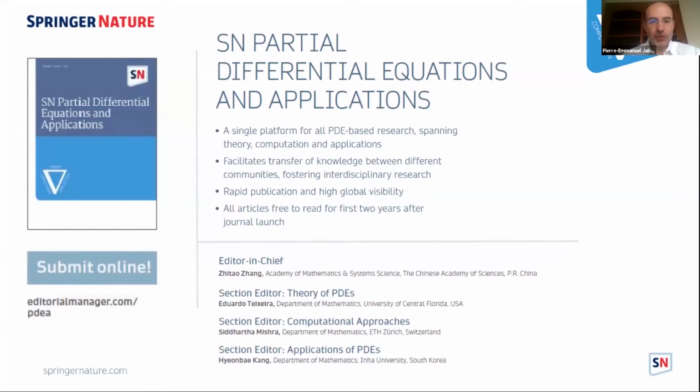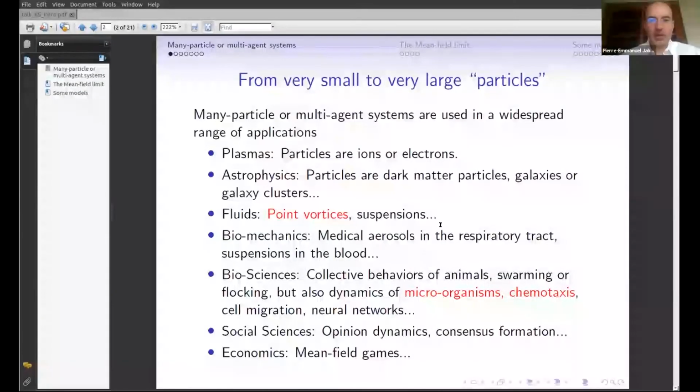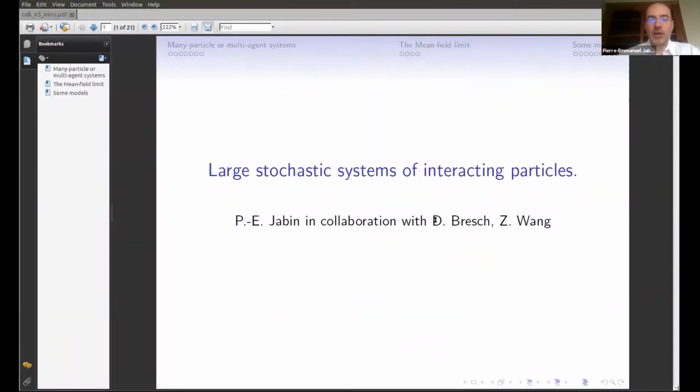So what I want to do today is talk about a relatively recent result that we obtained, let me go at the beginning, with Didier Bresch and my former student Zhenfu Wang, and which consists in the derivation of the mean field limit for the Keller-Segel system. Now, the actual result is, of course, relatively technical.